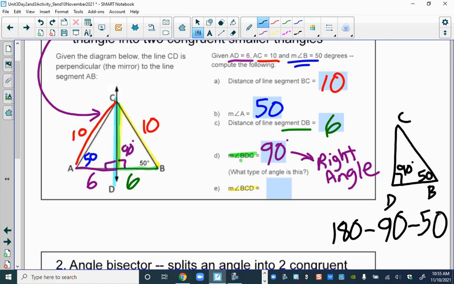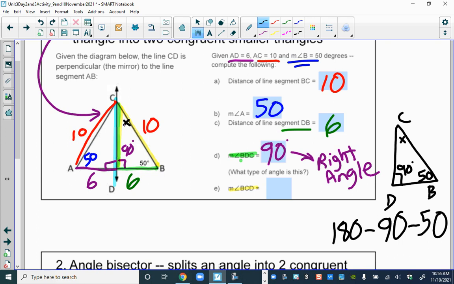180 is a great total. We agree to that, right? We don't know what this top angle is yet, but we have the other two. Yeah, 40. Go ahead. Okay, you can do it that way too. You add up your two angles.